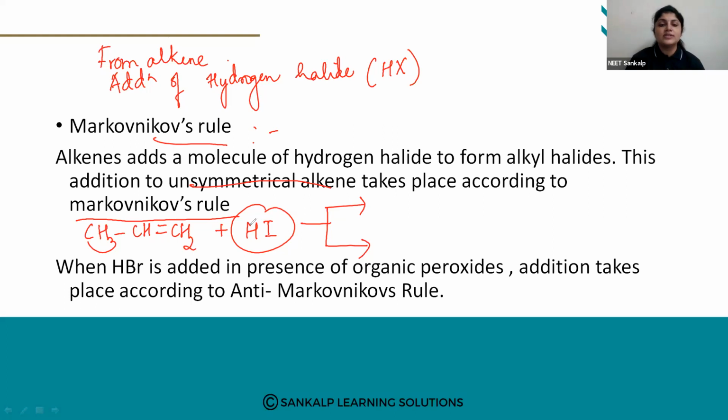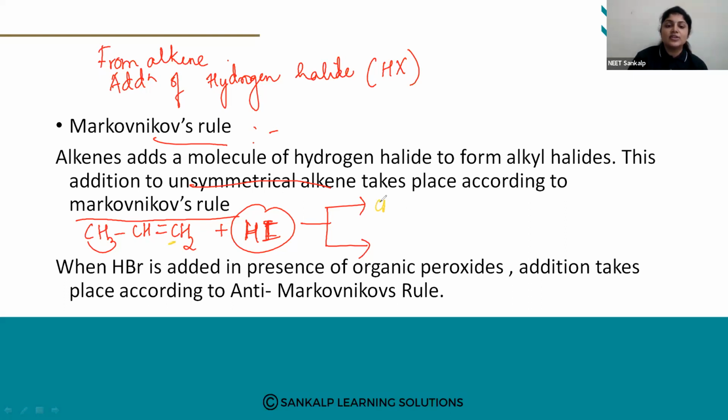So now this is hydrogen halide. What is happening? Hydrogen halide breaks up into H plus and I minus. The negative part of the halide will be added. Where will it be added? It will be added to the carbon having more number of hydrogens. So where are the more number of hydrogens across the double bond? It is this carbon.